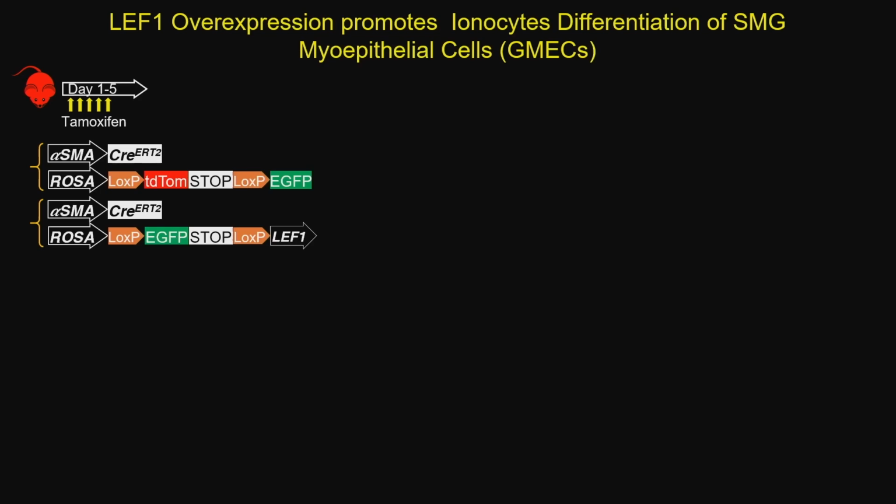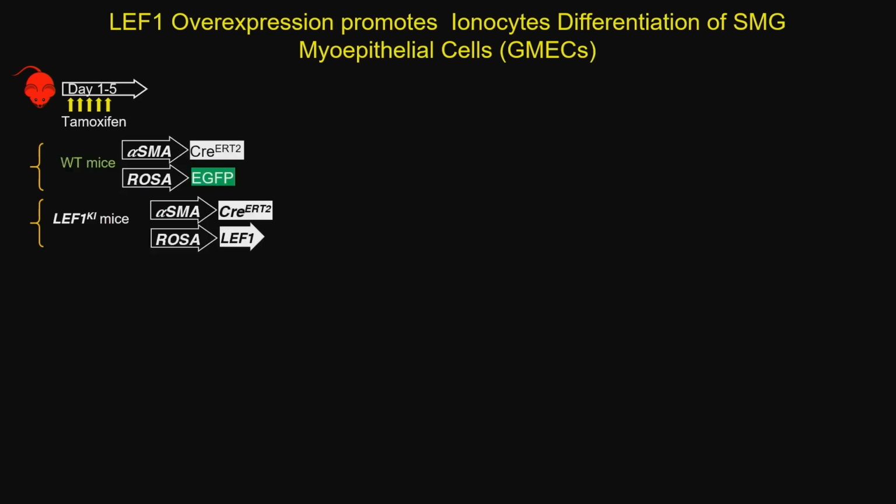All right, so let's treat them with tamoxifen in vivo and see how it looks. So in wild-type mice or ROSA TG mice, only myoepithelial cells will be GFP positive, while in the LEF1 knock-in or conditional knock-in, myoepithelial cells will be LEF1 overexpressing but colorless.